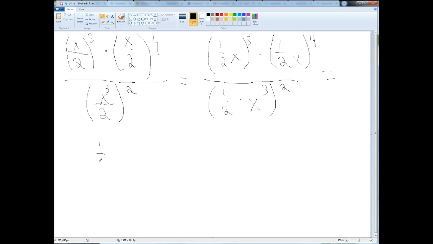We're going to basically distribute this 3 to the 1/2 and to the x. So we'll have 1/2 cubed times x cubed. That was all of this. We just distributed the 3 to the 1/2 and to the x. So we've got 1/2 cubed times x cubed. Now we're going to keep doing it.